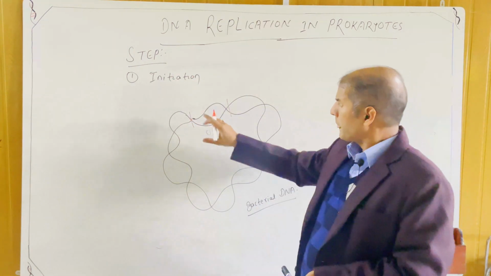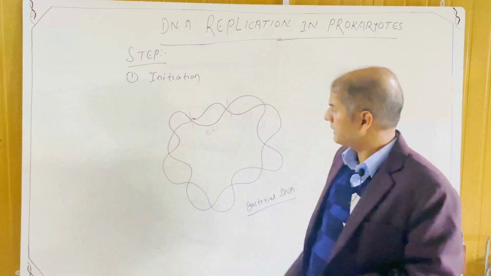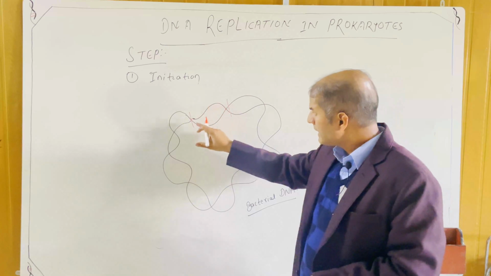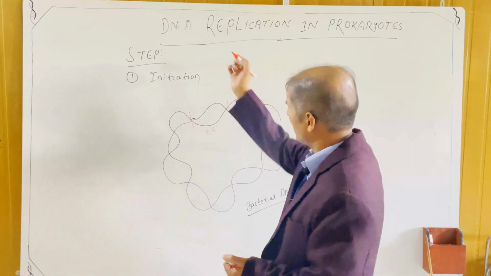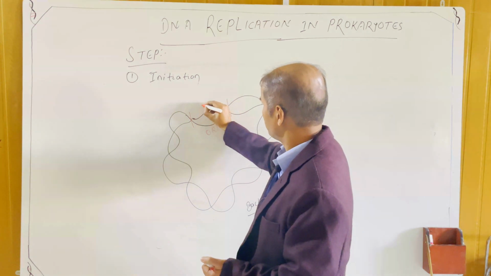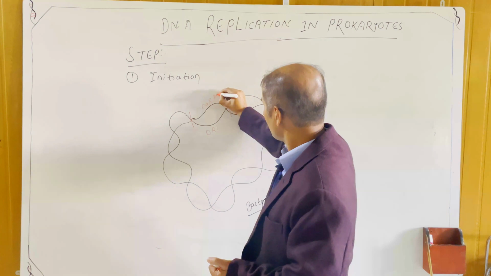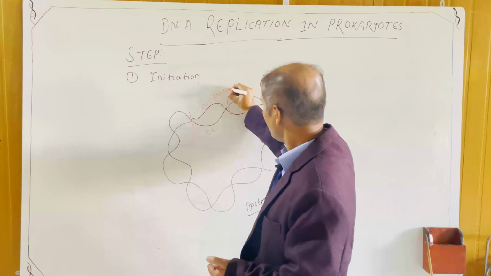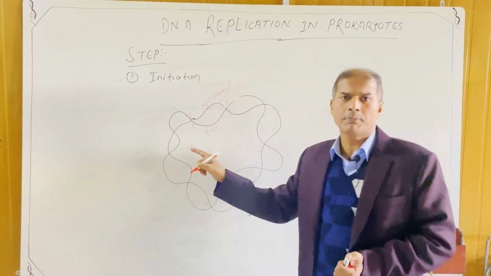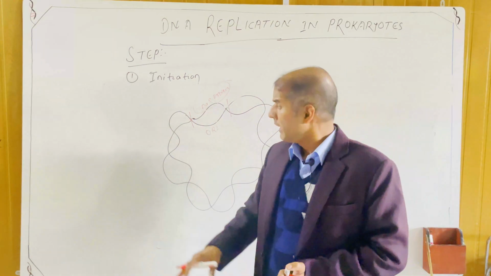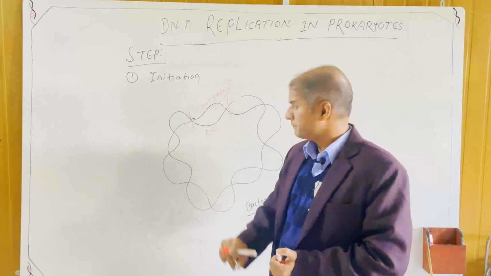For the initiation of the DNA replication process, this ORI is recognized by a special type of protein that is called DnaA protein. Origin of replication is recognized by DnaA protein.